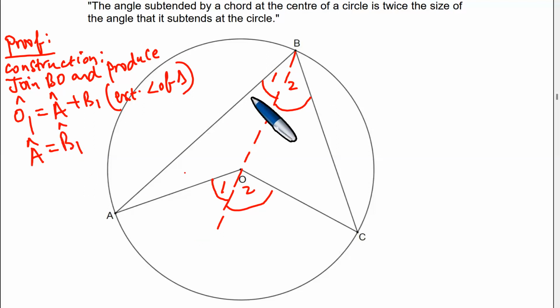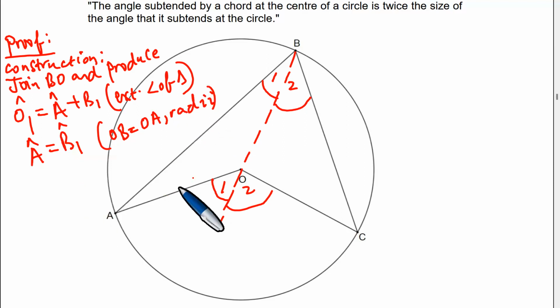These angles B1 and A are equal to each other because we have the radii. So we have that OB is equal to OA, radii.